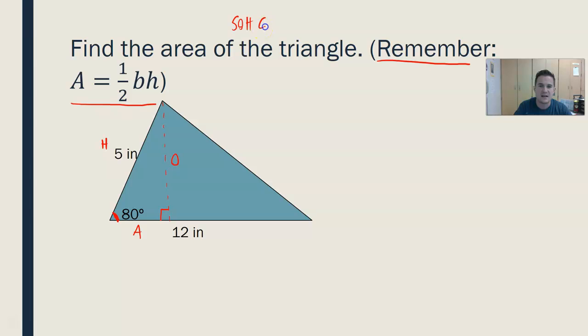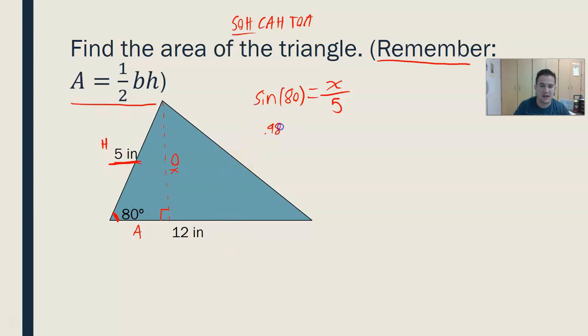Let me remind myself real quickly of SOHCAHTOA. If I'm looking for this opposite side and I know the hypotenuse, I'm going to use sine. So sine of 80 degrees is equal to this opposite side, call it x, divided by 5. Sine of 80 degrees is 0.9848.